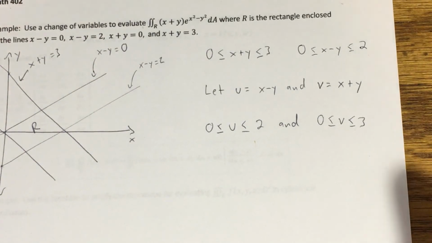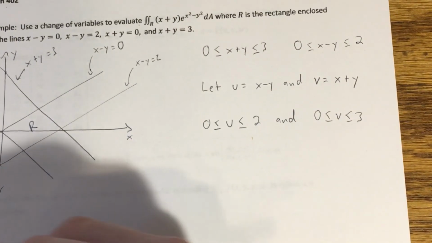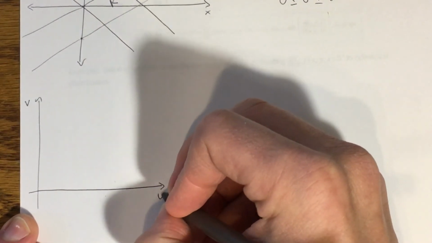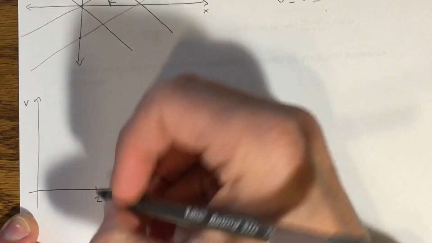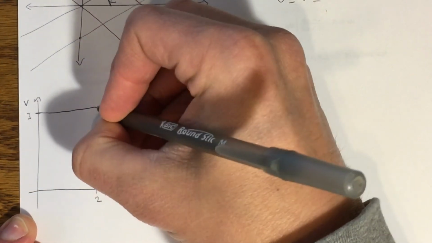Now what that would do is give me this region down here. Draw this here in the UV plane. It's the rectangle where u goes from 0 to 2, v goes from 0 to 3.